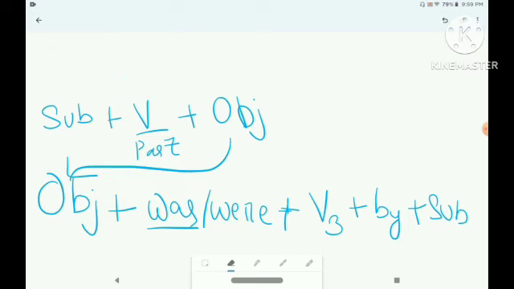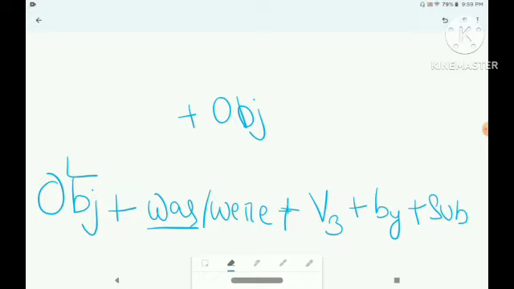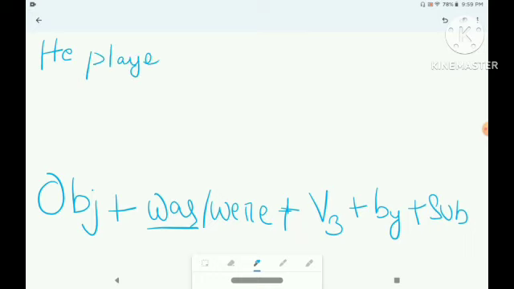Now I will take a sentence as an example to make it more clear. "He played football." So here is the first rule I am telling you: while converting, first find out the subject, verb and object.